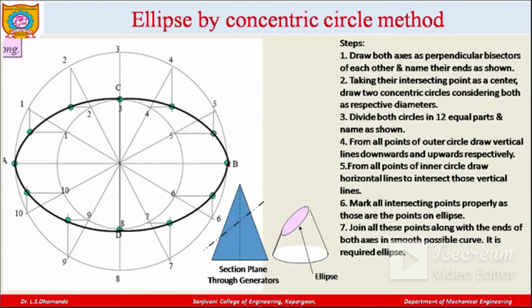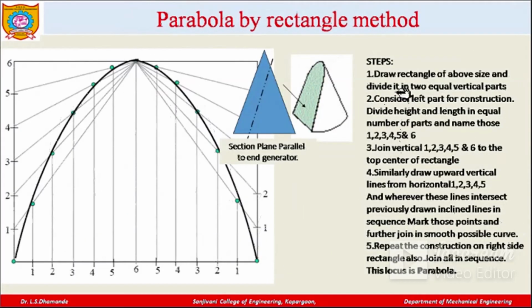So first draw the rectangle of given size. It means whatever is the distance it has to cover, that is the width and height of the parabola that we have to draw. So you will draw that rectangle first, having this width and height.